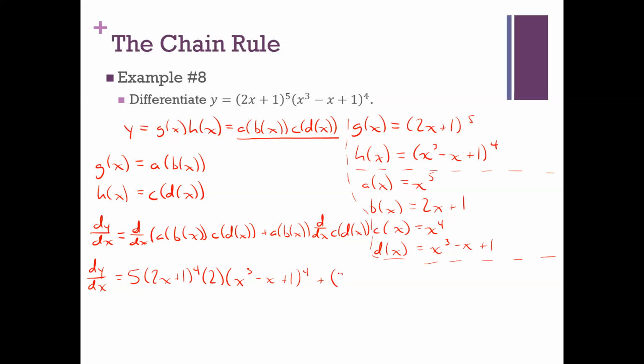And finally, all right, we done? Yep, gotta take the derivative of the inside. So 3x squared minus 1.